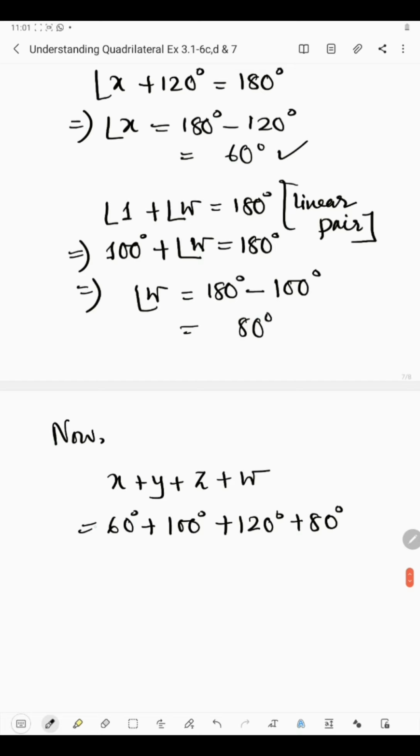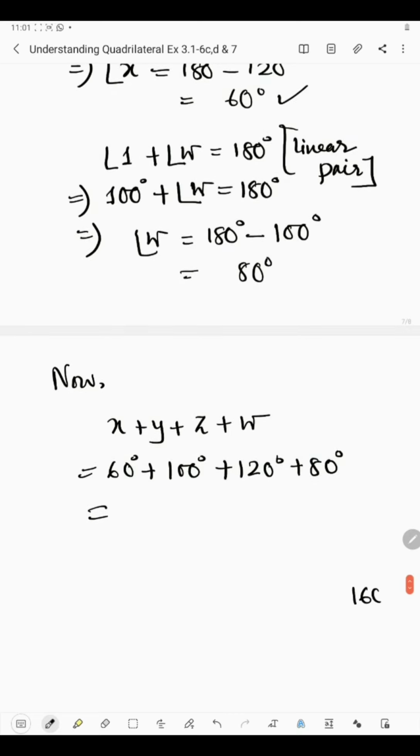Now 100 plus 60 is 160, 160 plus 120 is 280. Now plus 80 makes 0 plus 0, 0, 8 plus 8, 16, 2 plus 1, 3. So it makes 360 degree.